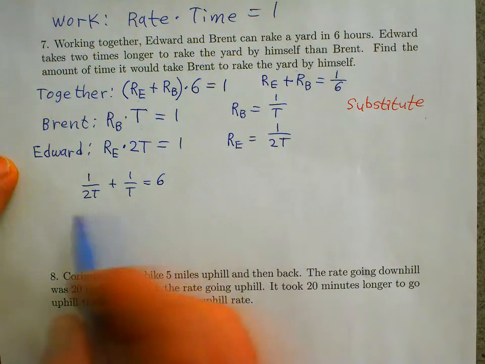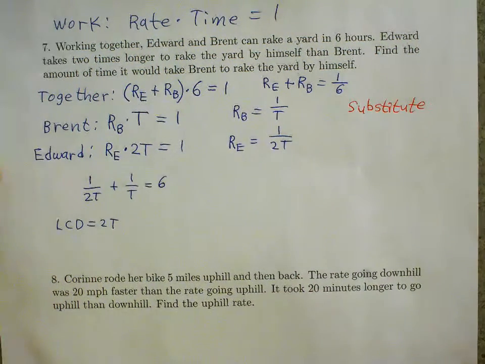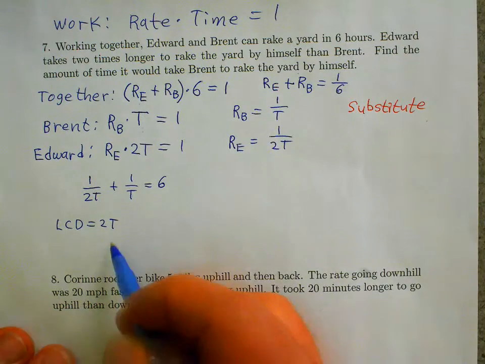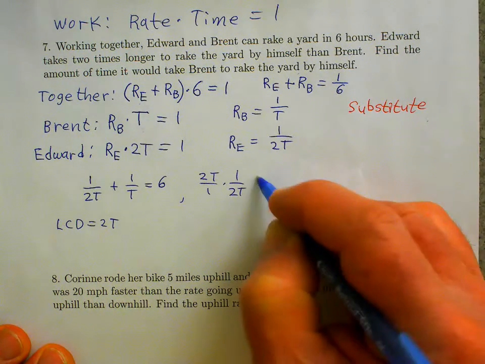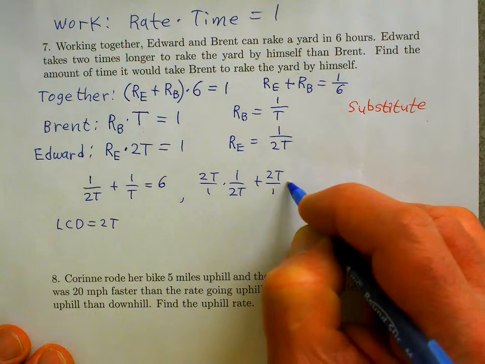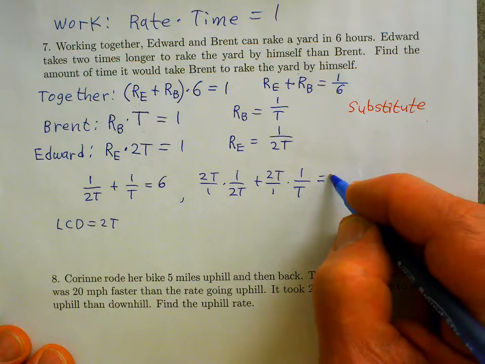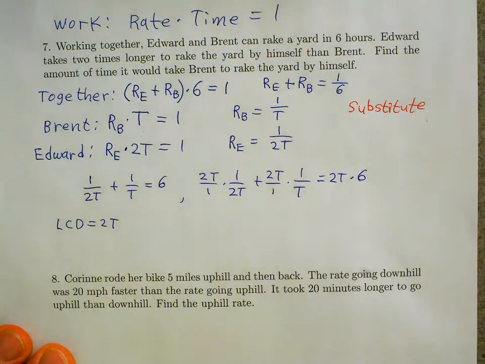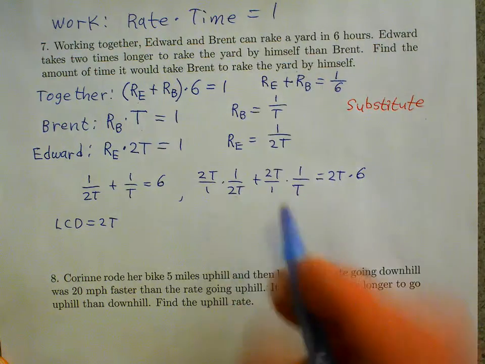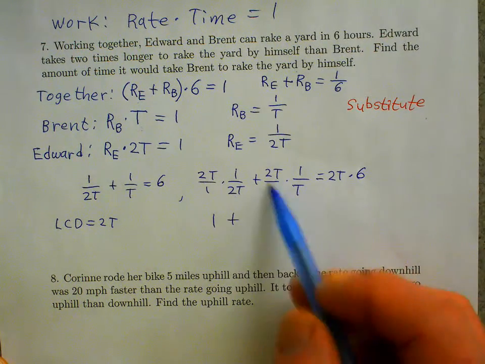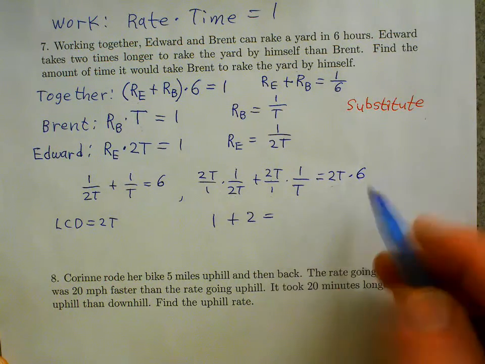The least common denominator is just 2T, and we multiply both sides by 2 times T. So 2T over 1 times 1 over 2T plus 2T over 1 times 1 over T equals 2T times 6. 2T over 1 times 1 over 2T is just 1. 2T over 1 times 1 over T is 2. 2T times 6 is 12T.